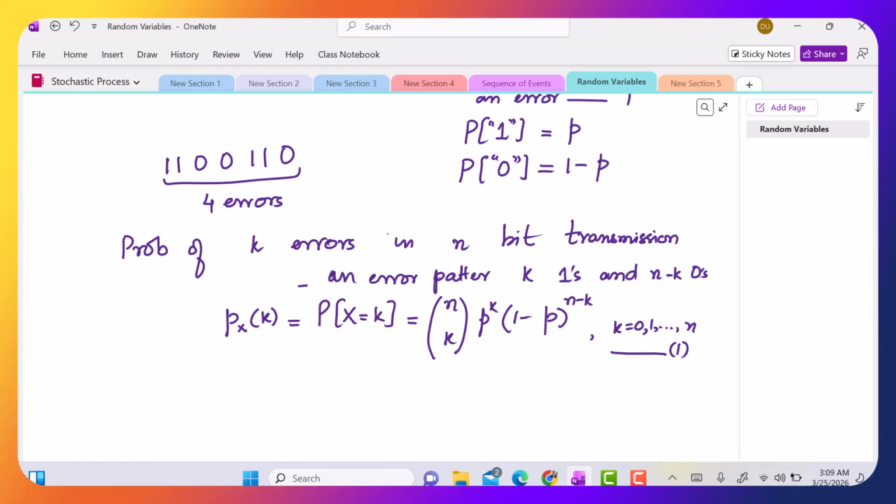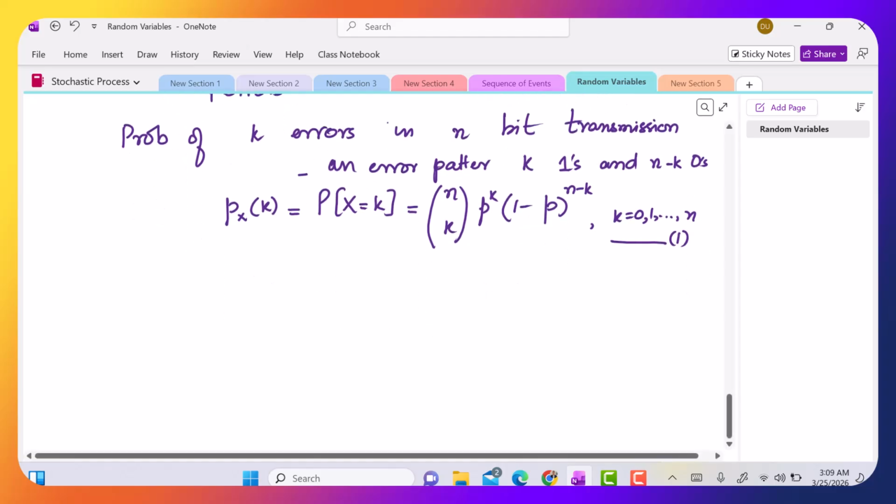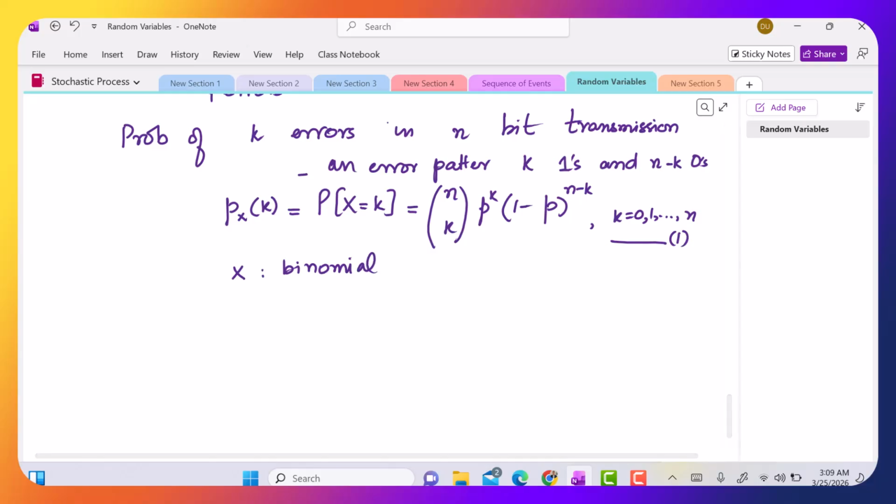Now, this X, my random variable, is called a binomial random variable with parameters n and p.